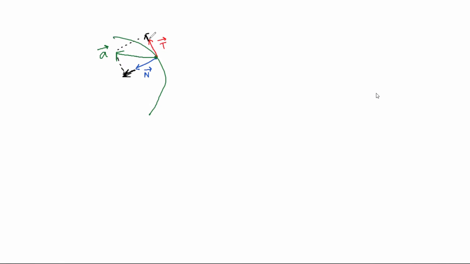So this vector plus this vector is going to be A. We write the length of this vector as AT, the tangential component of the acceleration, and the normal component of acceleration as AN. So basically you are going to write this as AT times the unit tangent vector plus AN times the unit normal vector.